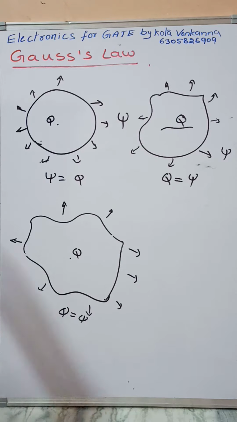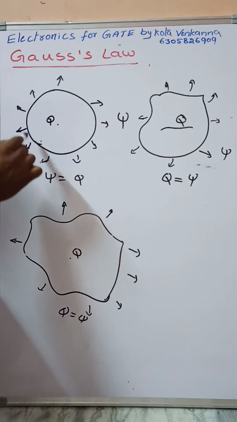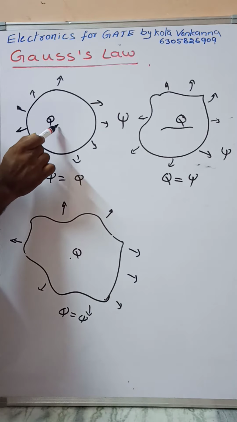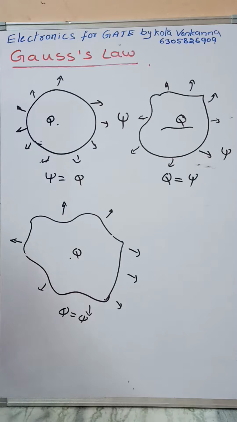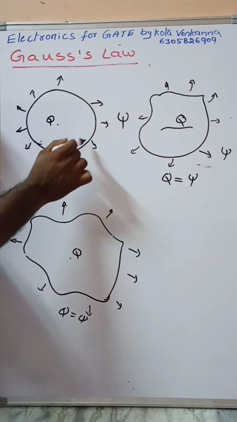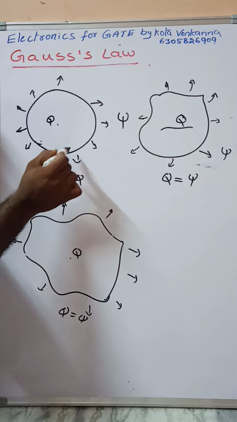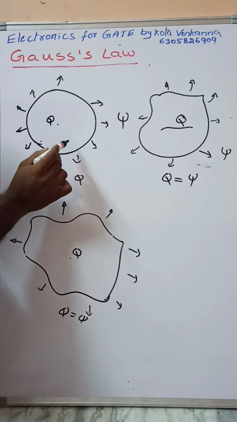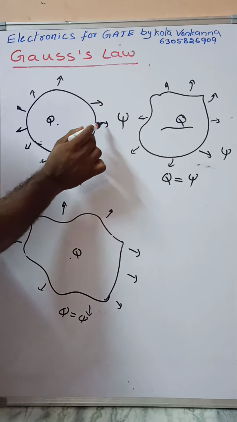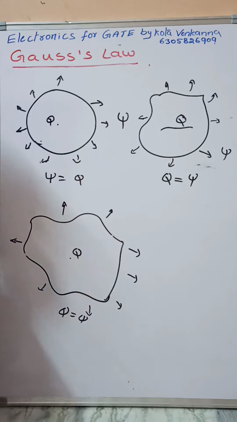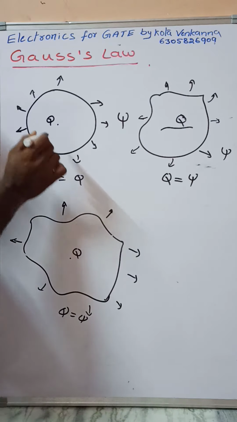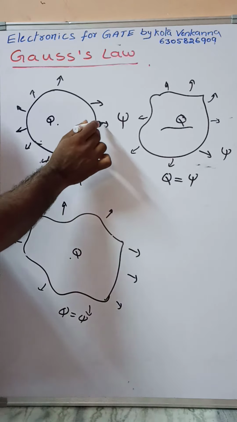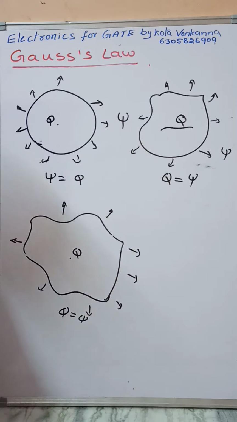Here is a point charge in a sphere. The point charge Q is enclosed by the sphere, and it emanates flux around the surface of the enclosed surface, which is represented with psi.